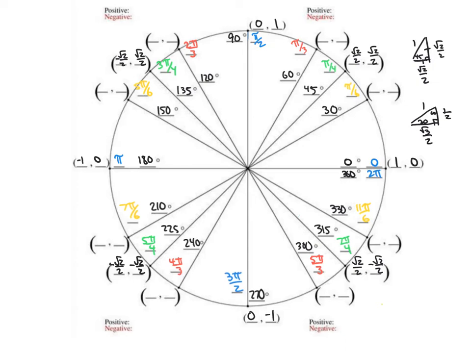So the x coordinate for our 30-degree angle, or pi over 6, is square root of 3 over 2, and the y coordinate is 1/2. And for the 60-degree angle, or pi over 3, it's the same thing but reversed. It has the shorter x coordinate of 1/2 and the longer y coordinate root 3 over 2.